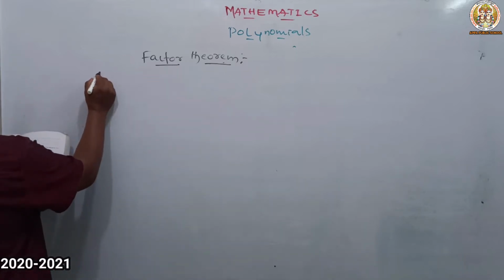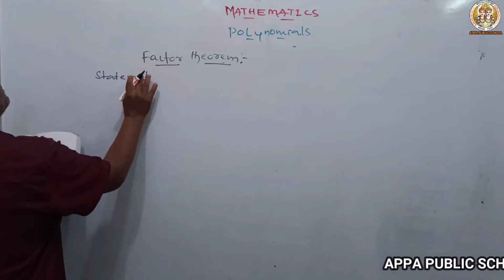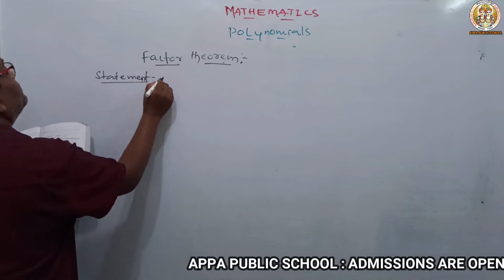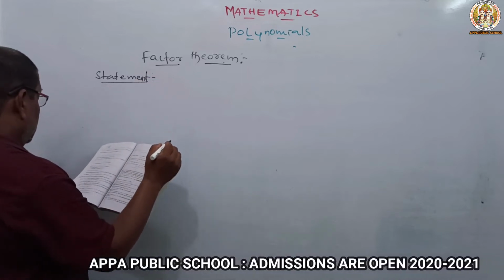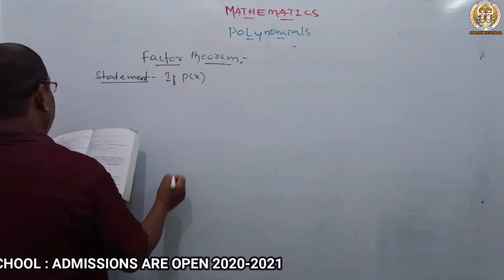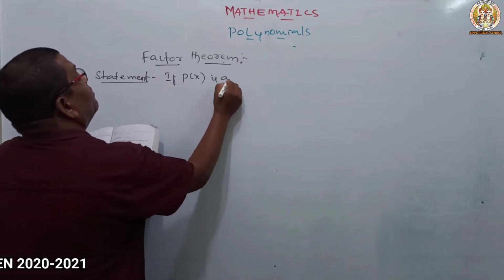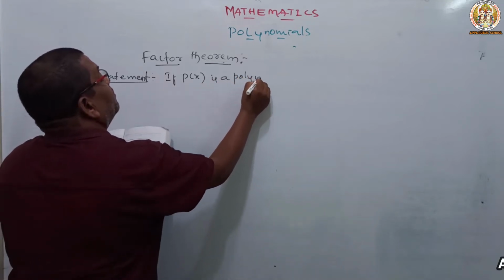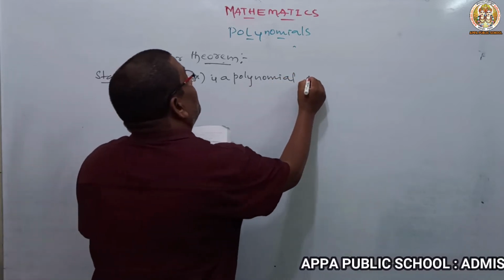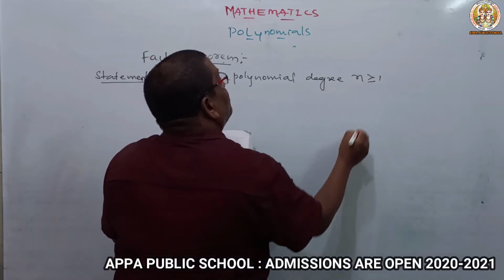What does it tell? Statement. If p of x is a polynomial where degree n is greater than or equal to 1.